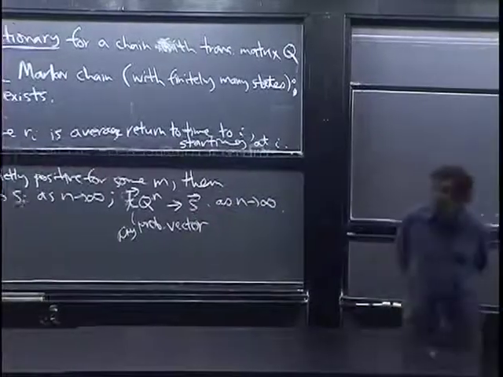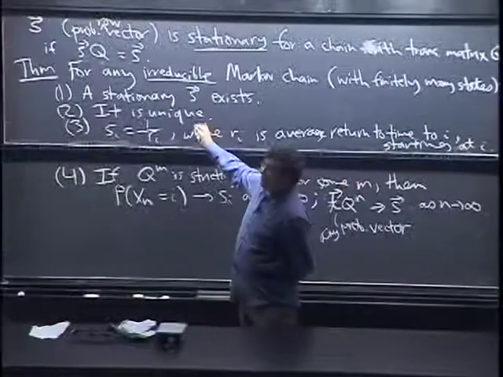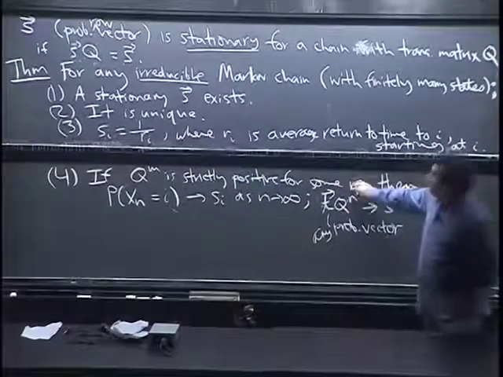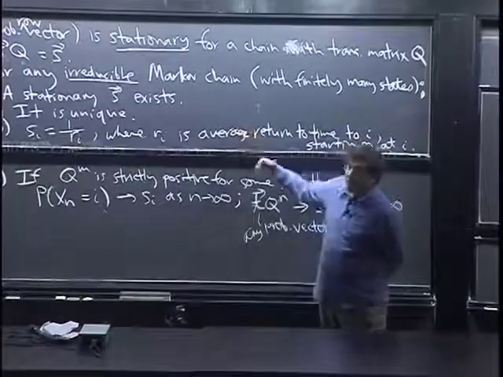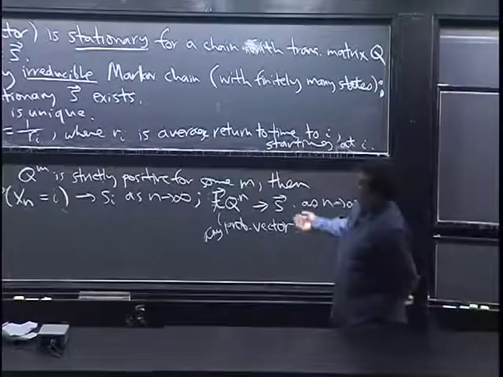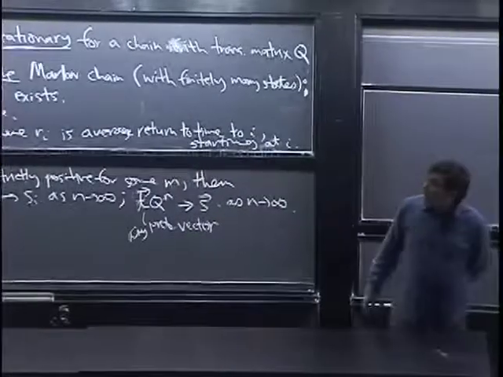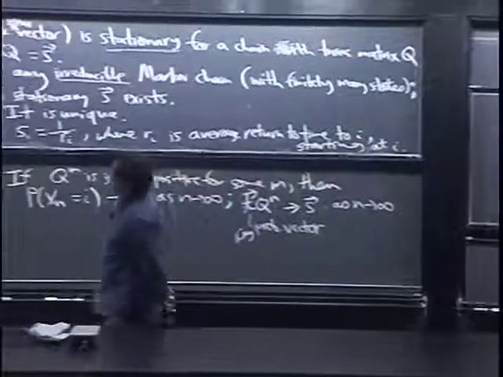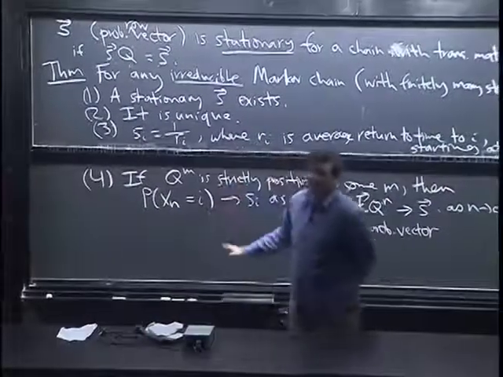Okay, so this theorem tells us the stationary distribution is a very important thing to look at, because it's capturing the long-run behavior. It's also capturing 1 over the expected time to return to a certain state. It exists. It's unique. So it's very, very nice. The only difficulty with this theorem is that it doesn't give us much of a clue for how to compute it.